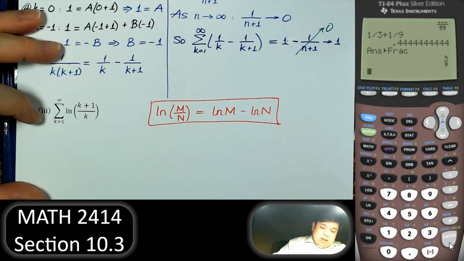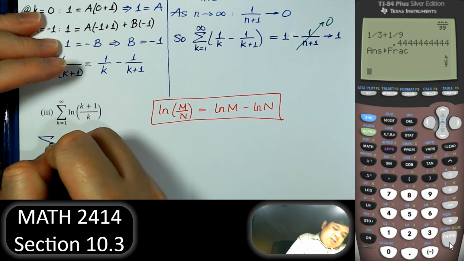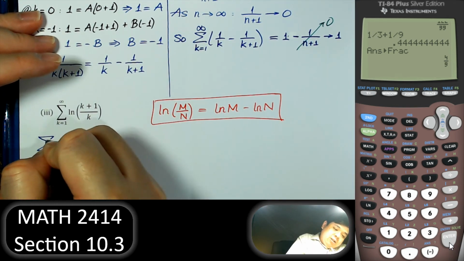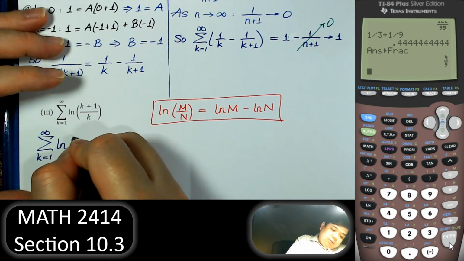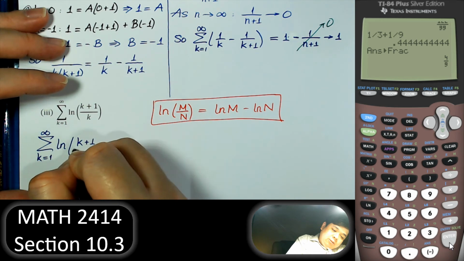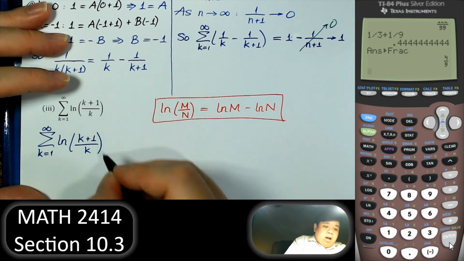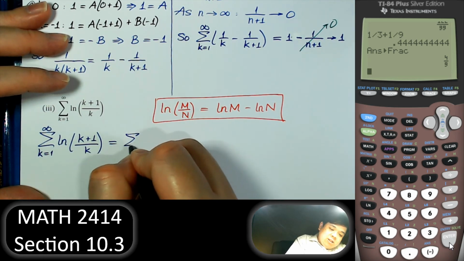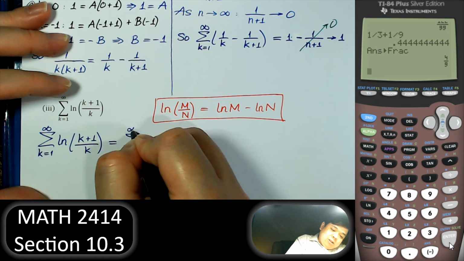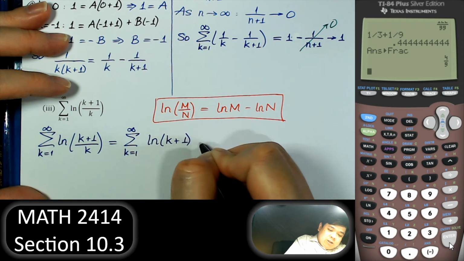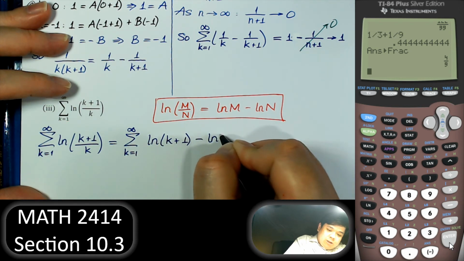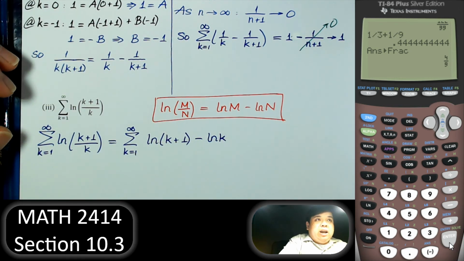So this one we can split that as ln of k plus 1 minus ln k.